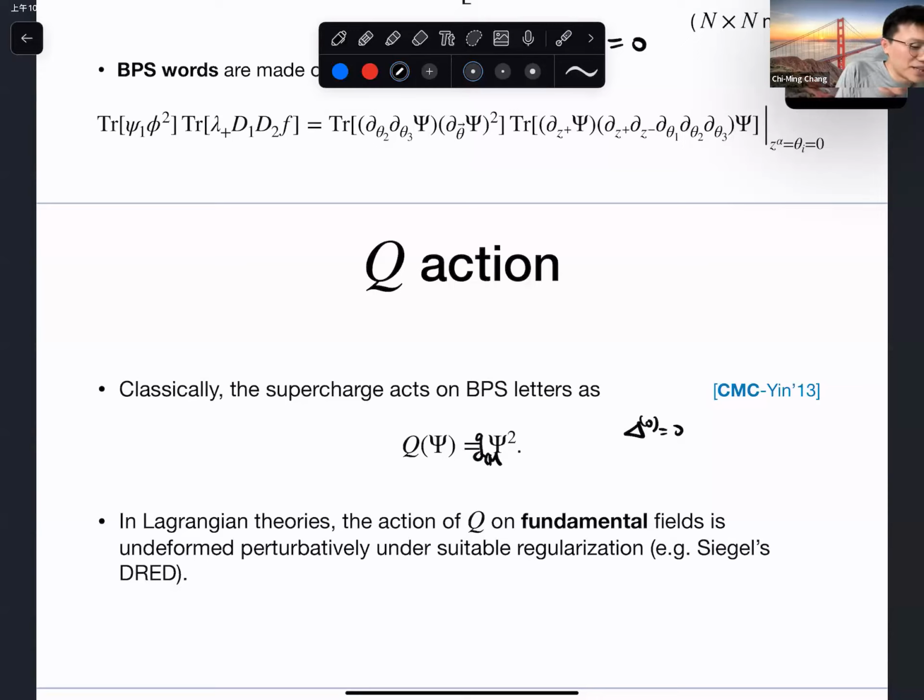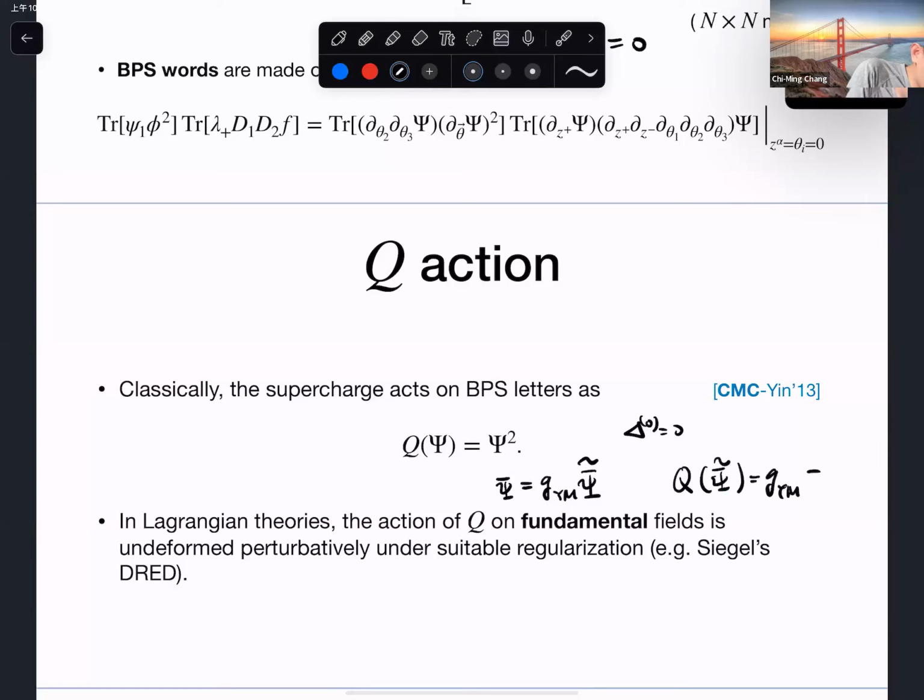Let me take this opportunity to explain one thing I did not explain previously. So here, we usually write, let me define psi tilde to be G Young-Mills psi, and then with this, we have Q psi tilde equals G Young-Mills psi tilde square. So you can also argue that Q dagger.